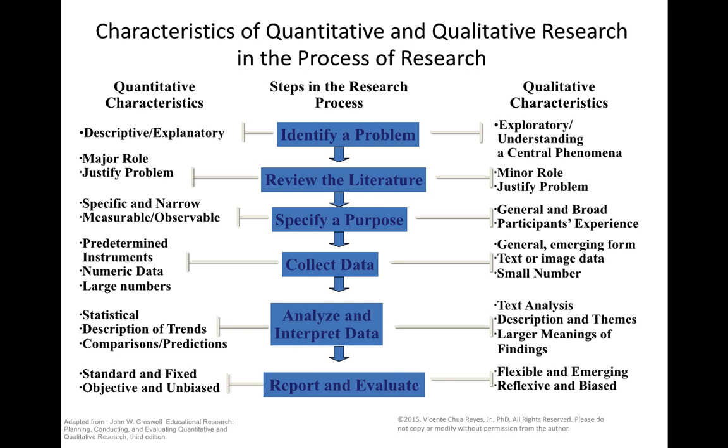Text or image data is the basic unit of analysis, and usually you have small numbers. In analysis and interpretation, there's text analysis. Descriptions and themes form a large part of the analysis and interpretation of qualitative data. There are larger meanings derived from findings, and in reporting and evaluating, it's flexible, it's emerging, it's reflexive, and in that sense, it could also be seen as biased.